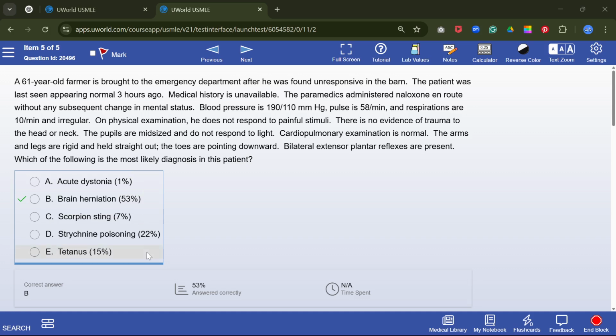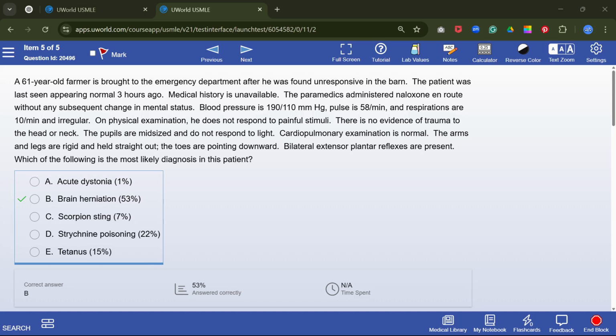Finally, this question: a 61-year-old farmer is brought to the emergency department unresponsive in the barn. On examination, he does not respond to stimuli, so consciousness is lost. Pupils are mid-sized and do not respond to light.